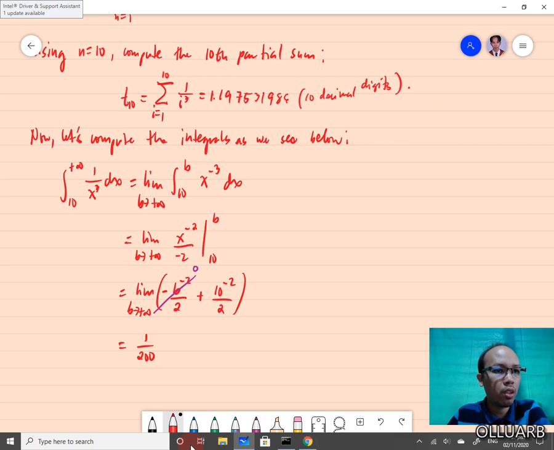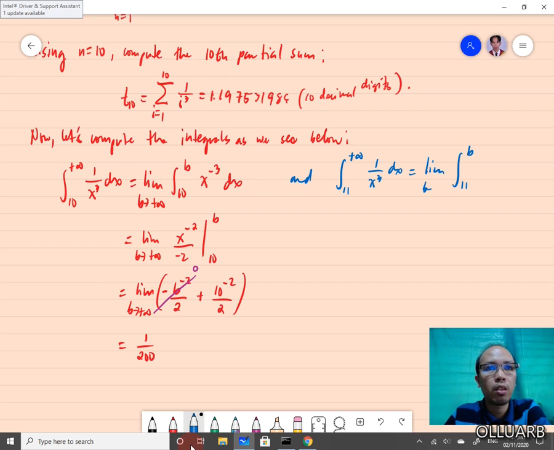And for the other one, the integral from 11 to positive infinity of 1 over x cubed dx. This will become the limit of the integral from 11 to b, as b approaches positive infinity, of x to the negative 3. So this is just the same as this one. So let's proceed to this form.